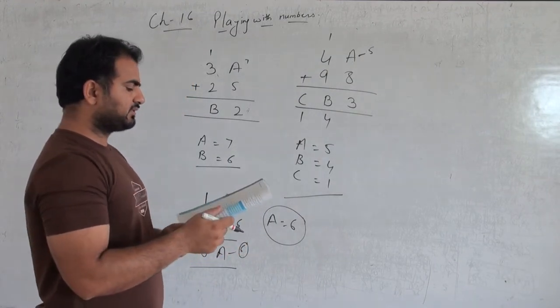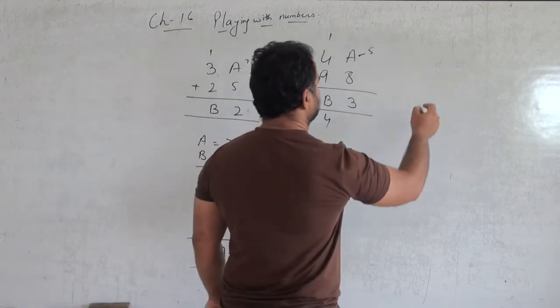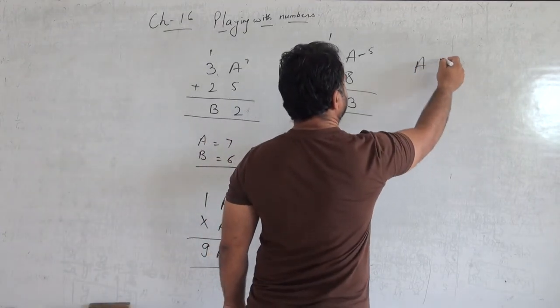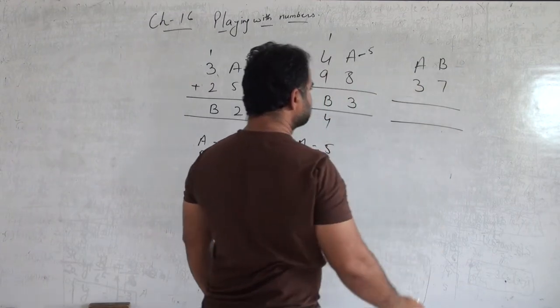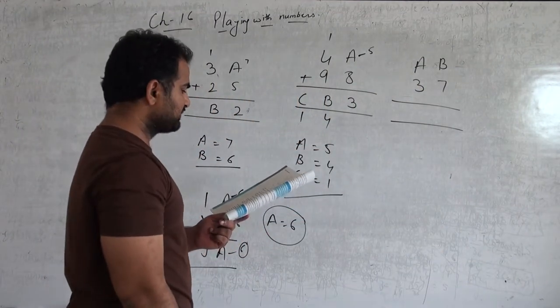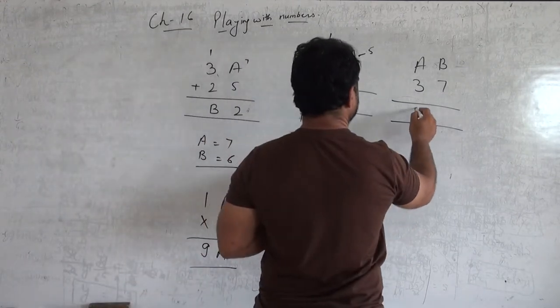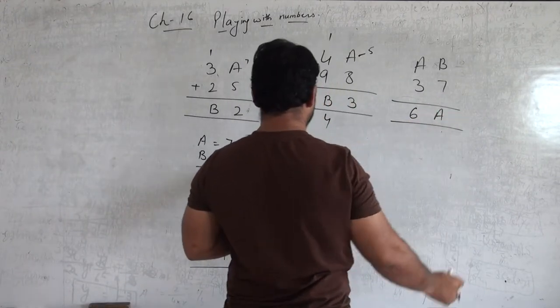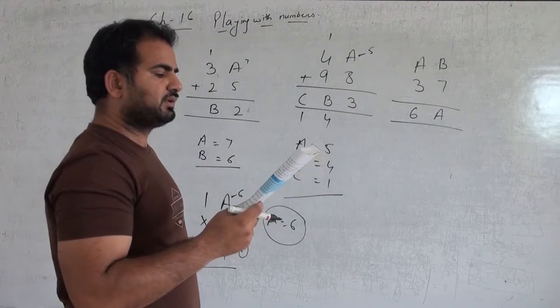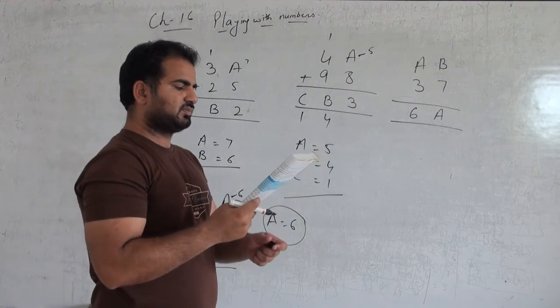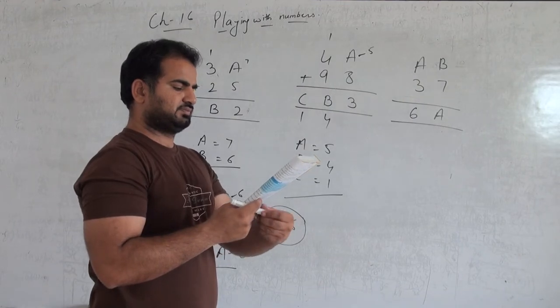Next question is AB plus 37 equals 6A. AB plus 37 gives 6A. So what we have to do is find the answer.